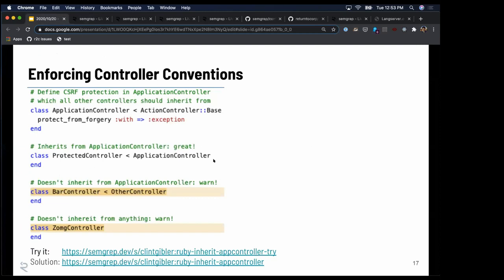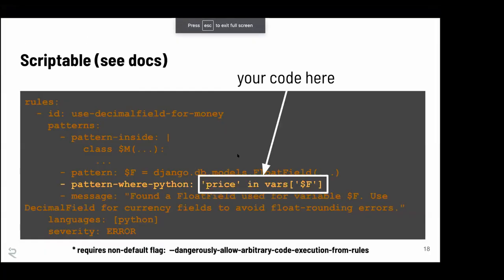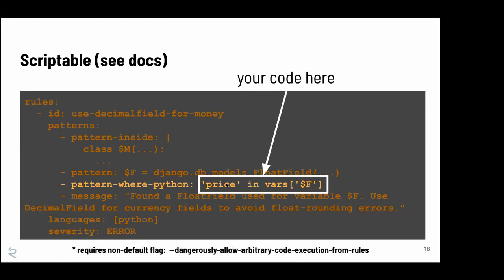Cool. So these are basically the examples that I wanted to cover. Just a couple of other features that we didn't have time to talk about. We aren't going to be able to predict everything that people are going to want to do in practice. So we created this clause called pattern-where-python, where you can write arbitrary Python code and you get passed the metavariable, so you can do whatever you want inside it.